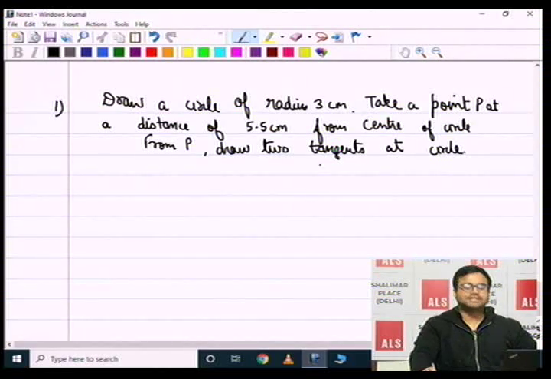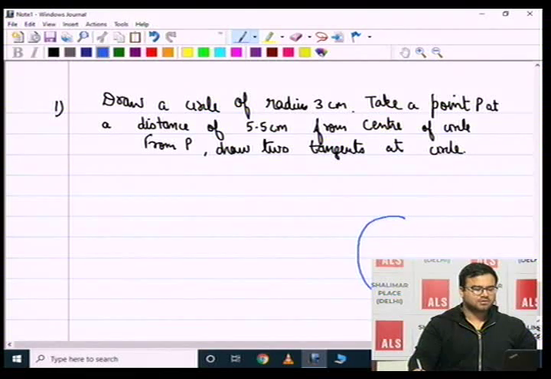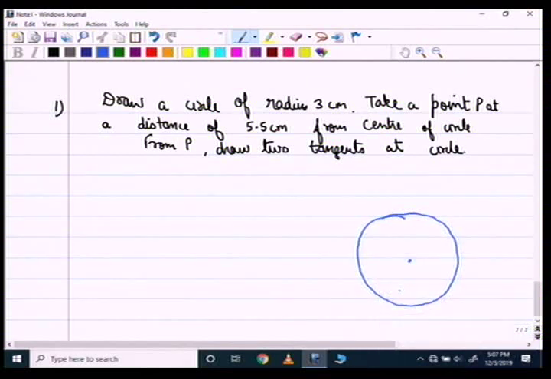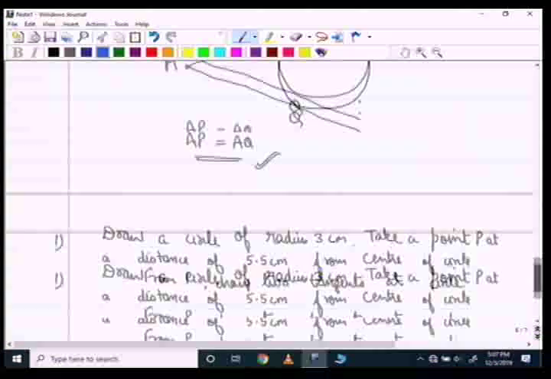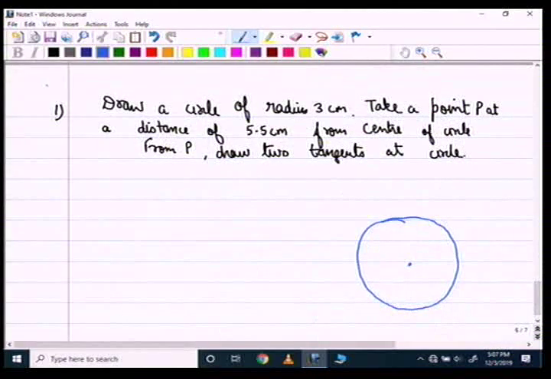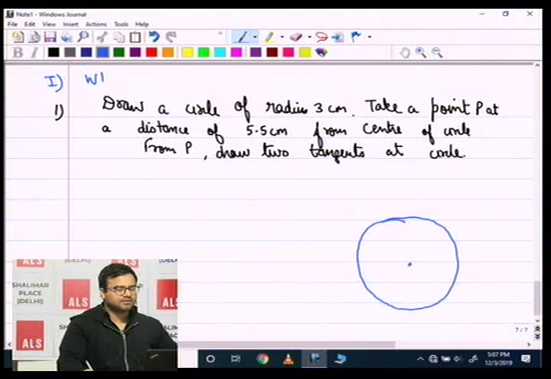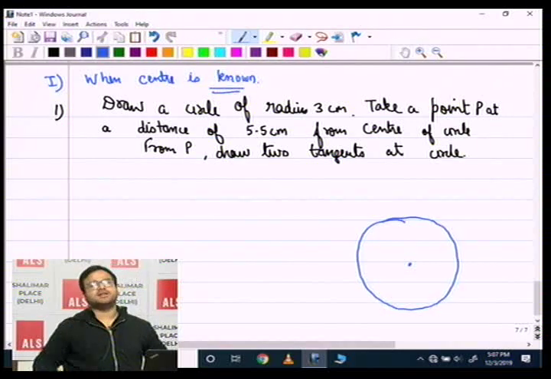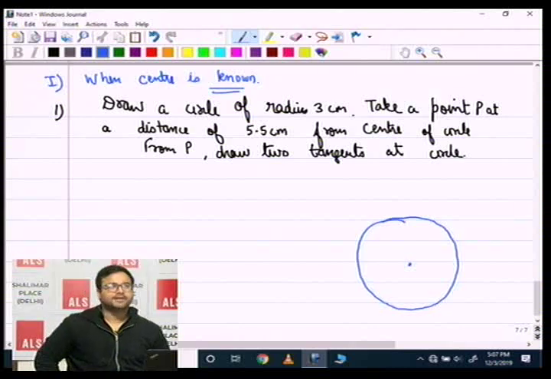As the question says, draw a circle of radius 3 centimeter. So first of all, we will draw the circle of radius 3 centimeter. We are doing the construction of tangent from an external point, when the center is known. Again, there are two cases, when the center is known and when the center is not known. In this case, we are taking help of the center to draw the diagram.